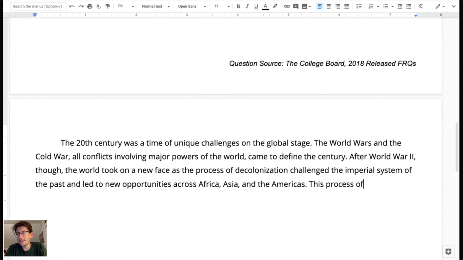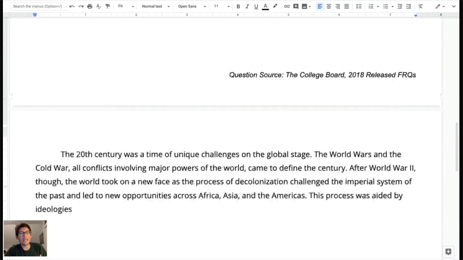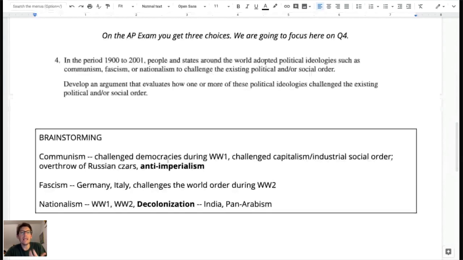This process was aided by ideologies, because I want to make a connection now between, we've talked about the world wars, the Cold War, after World War II, decolonization occurring in Africa, Asia, and the Americas, right? So we're offering a broader context for understanding these political ideologies and the era that they come about in. Basically, hey, I know some things that happened in the 20th century related to these.